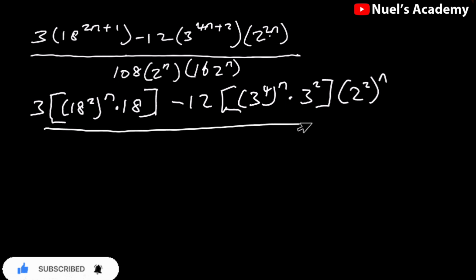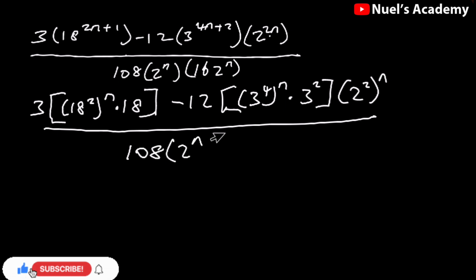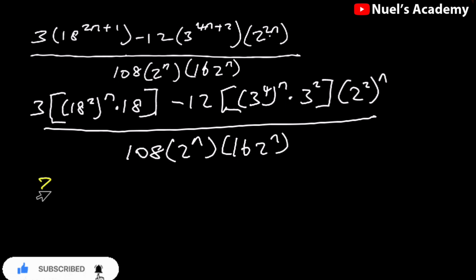Then this is over. This denominator is going to remain the same because all of them are in their simplest term. So this is 162 raised to the power n. So we have 3 into, now 18 times 18, if you press it in your calculator, this 18 squared is equal to 324, then all raised to the power n, then multiplied by 18.